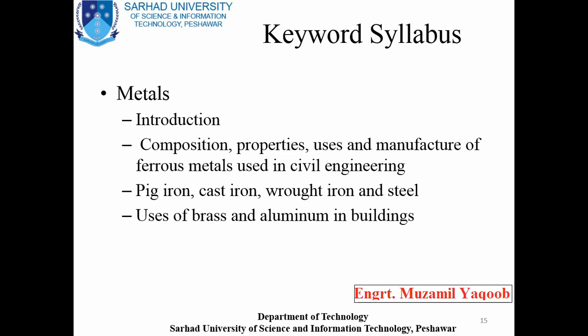Obviously we will not use gold as a construction material, because we can imagine the cost factor. And the process of manufacture, how metals are combined for different purposes and needs. Then we will move to the third part, which is about different forms of iron and steel. Uses of brass and aluminium in building construction will be our last topic.